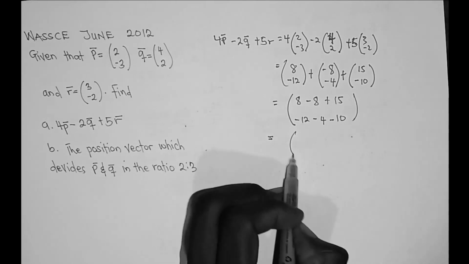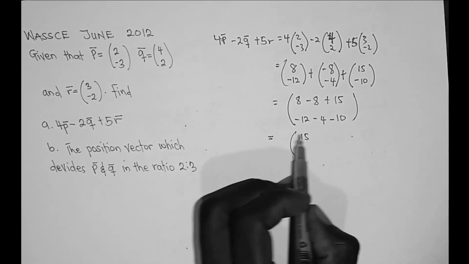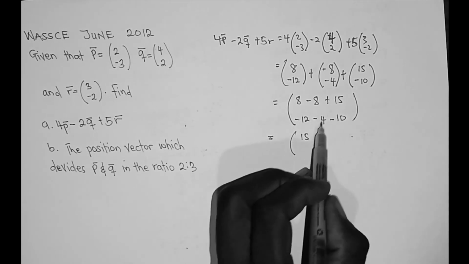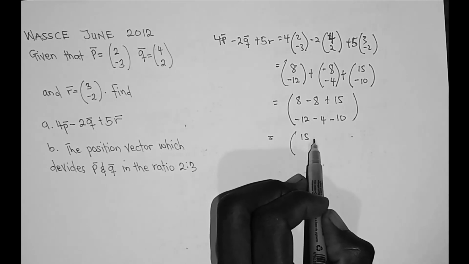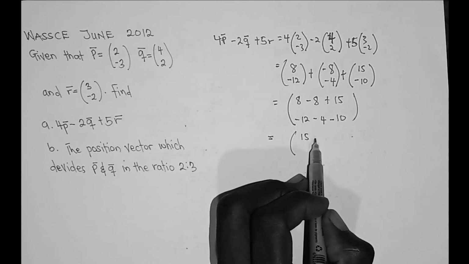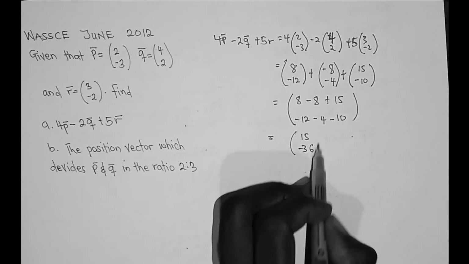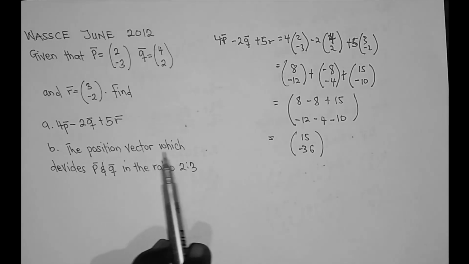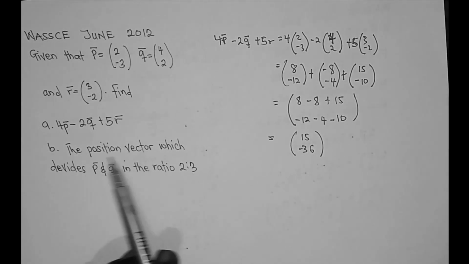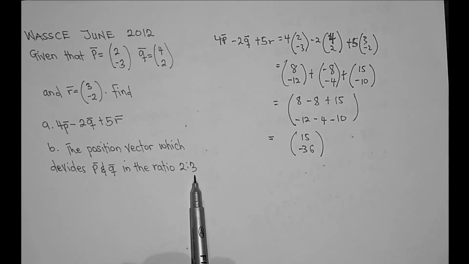So this is equal to 8 minus 8 is 0 plus 15 is 15. Minus 12 minus 4 is minus 16, and minus 16 minus 10 is minus 36.